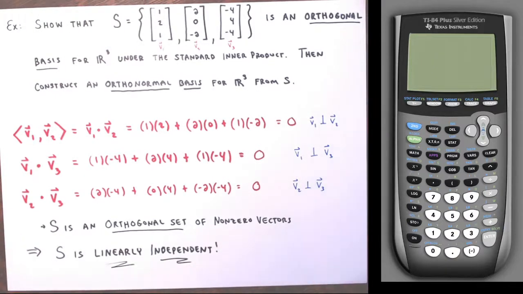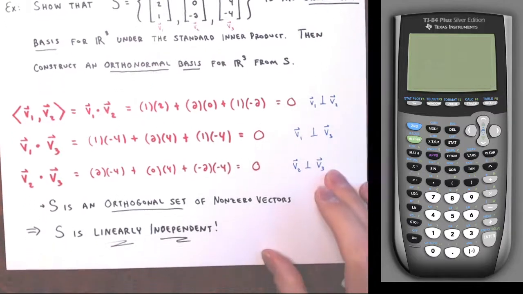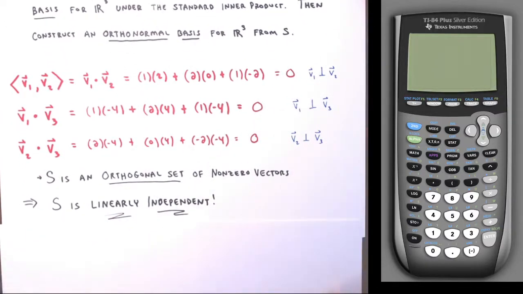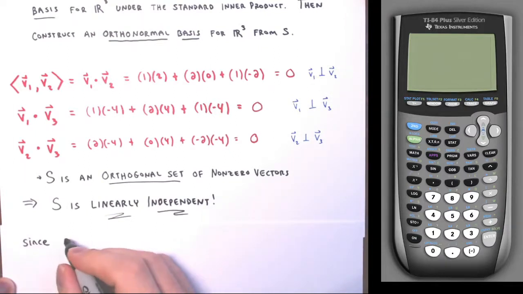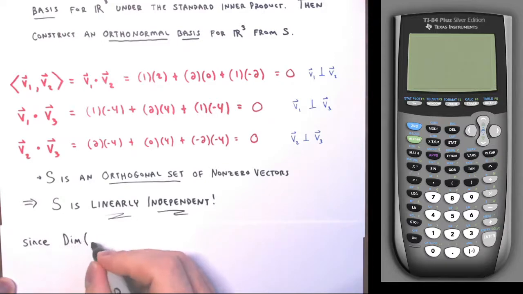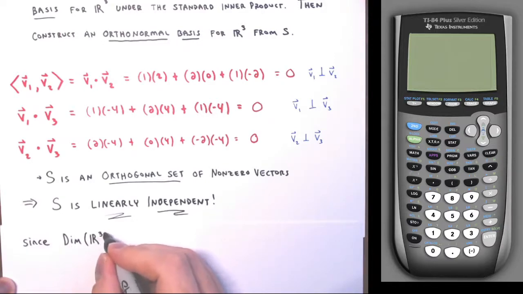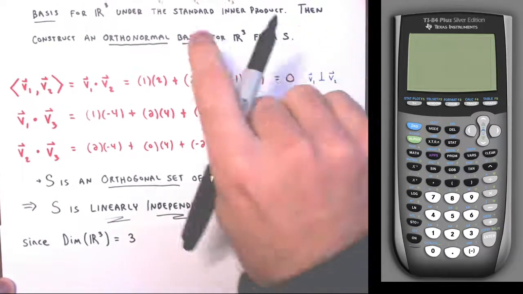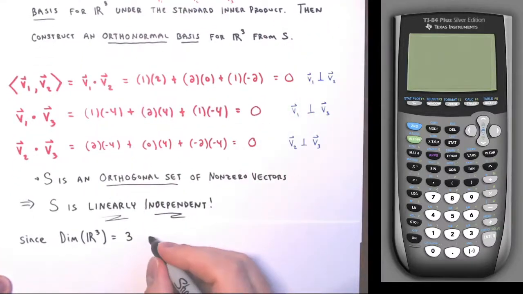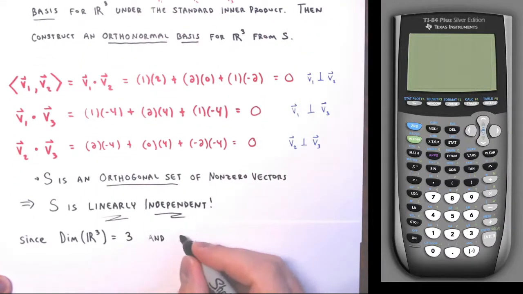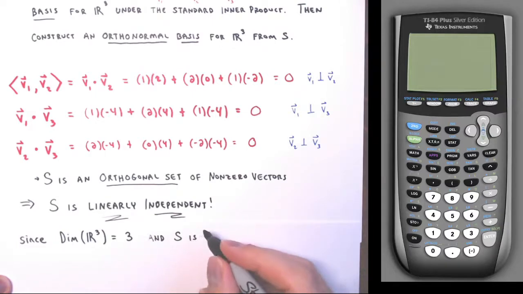And since we're trying to show that this is a basis for R3, and the dimension of R3 is known to us, we know the dimension of R3 is 3. And S has 3 vectors, and S is an independent set of 3 vectors.